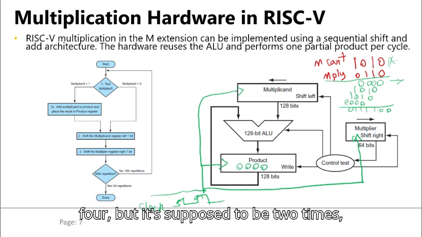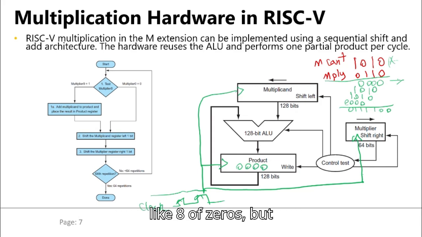I just put 4, but it's supposed to be 2 times 8 zeros, but I don't want to make a mess. The multiplicand is 1, 0, 1, 0, and the multiplier is 0, 1, 1, 0.